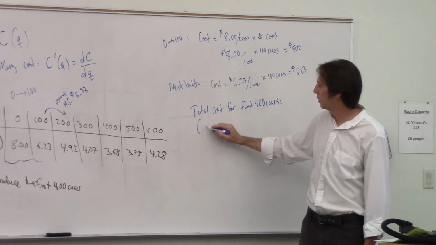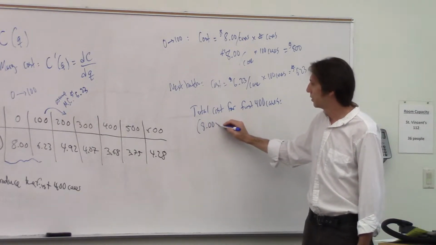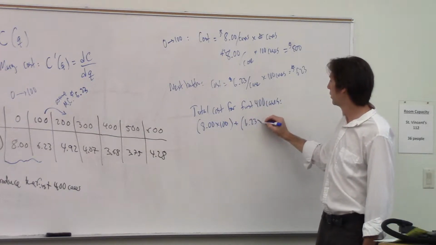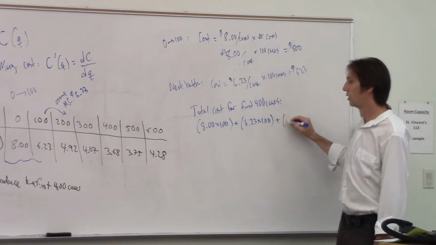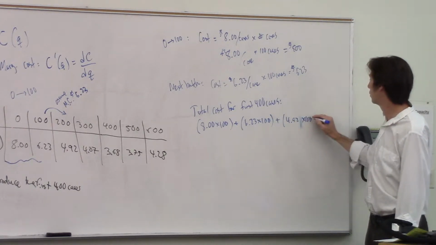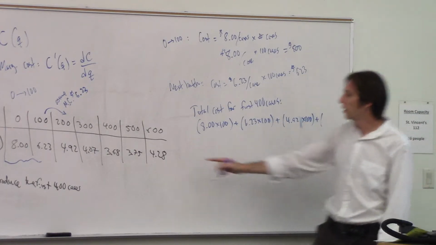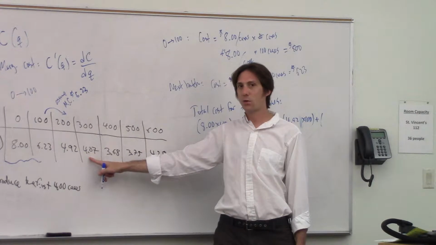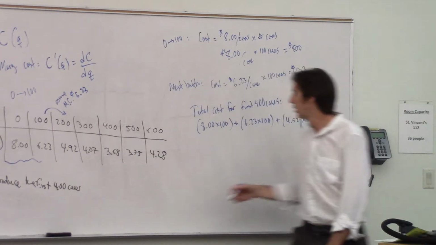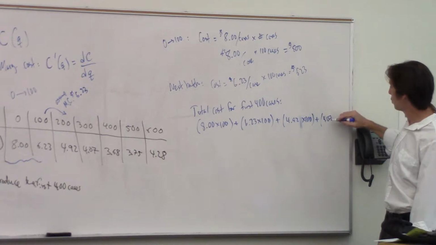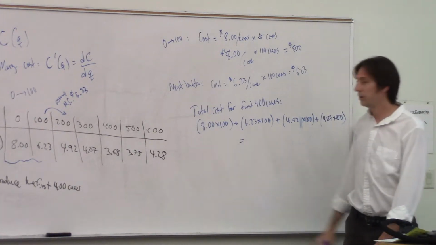I do the calculation: 8 times 100 plus 6.23 times 100 plus 4.92 times 100, and then plus one more. To go from 300 to 400, we're assuming the marginal cost is $4.07 per case, and so that's the last one that I have to add on, 4.07 times 100 cases produced, and then I add all these up.